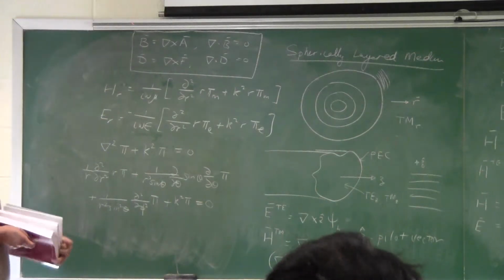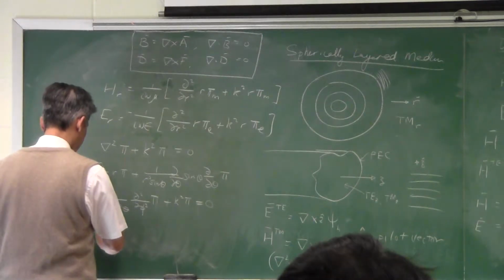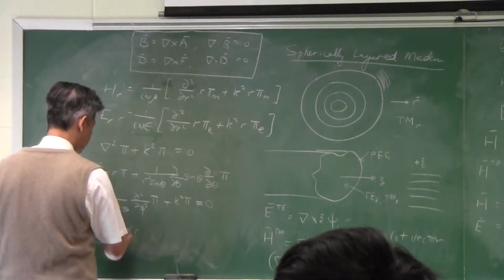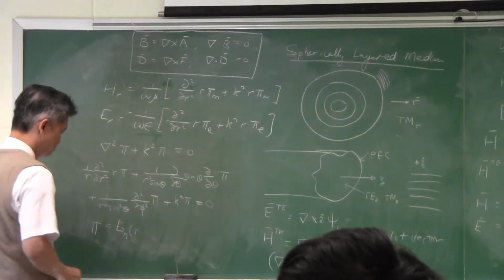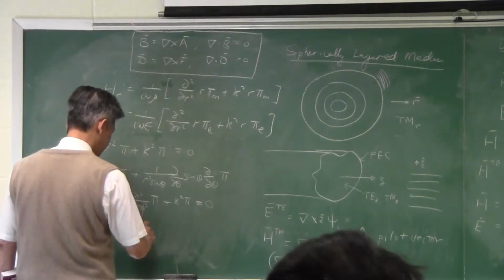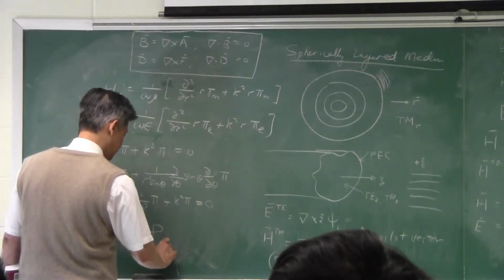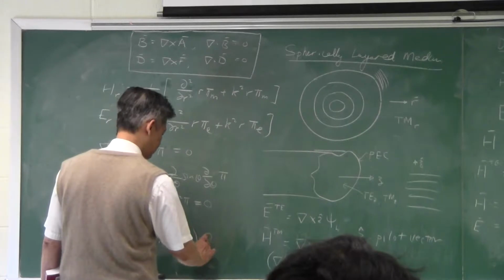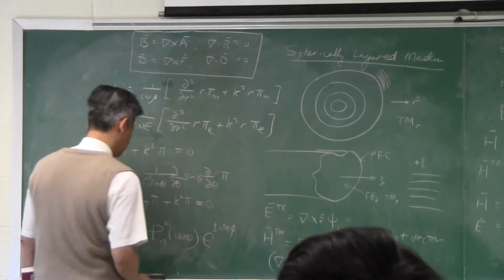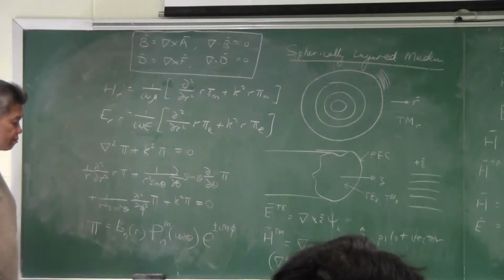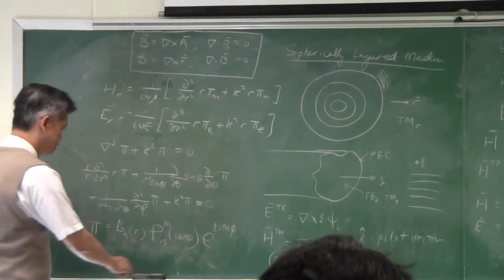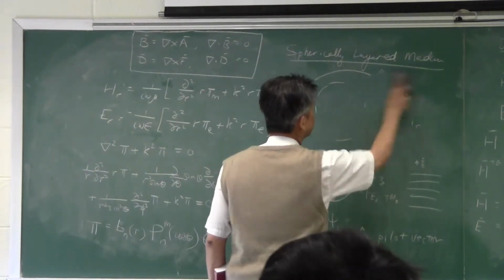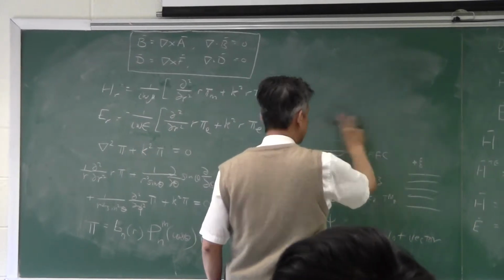But then if you assume that pi is of this form, pi is some radial function that I do not know yet, let me call it little b. I do not know what this radial function is. But the azimuthal dependence, the spherical harmonics, I know to be of this form. If you assume pi to be something of this form, then all these things would simplify, according to chapter 1 of my book.